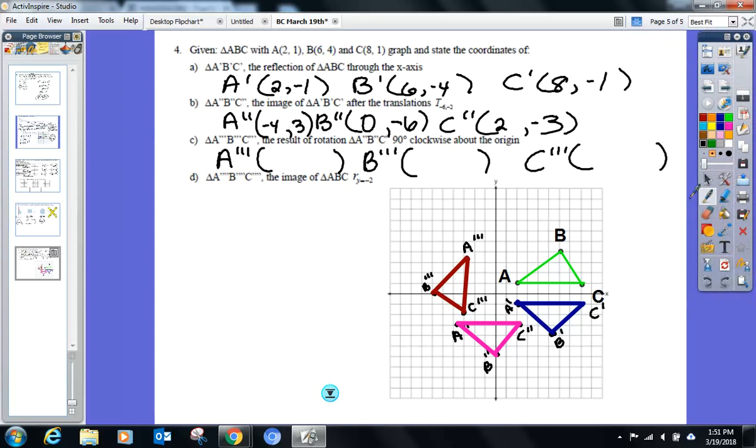Make sure we're in the right direction. Clockwise, everybody, like a clock. Jot down your coordinates, turn your paper back to the original graph and plot them.